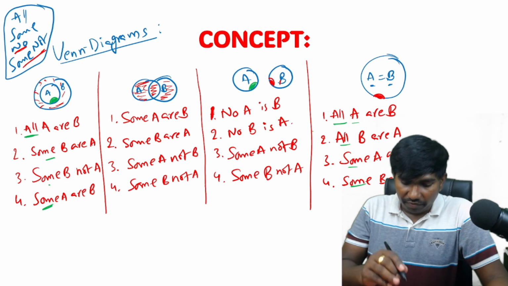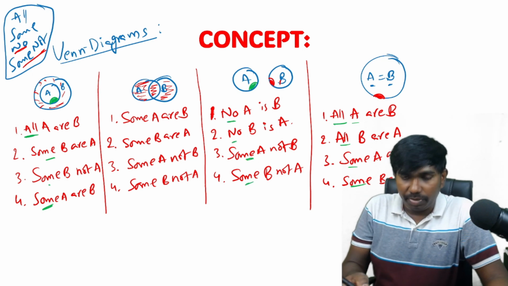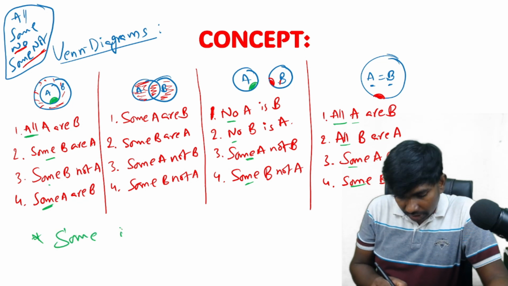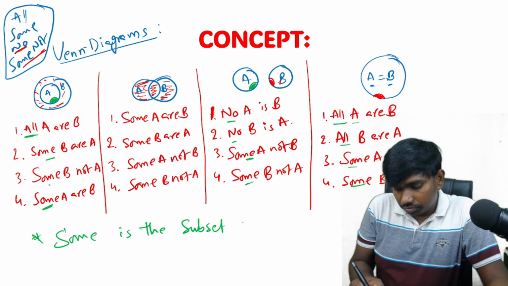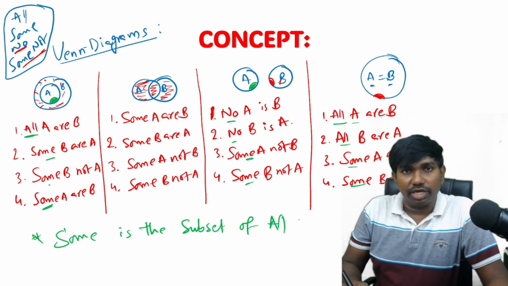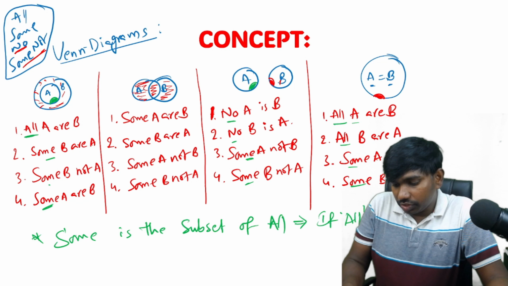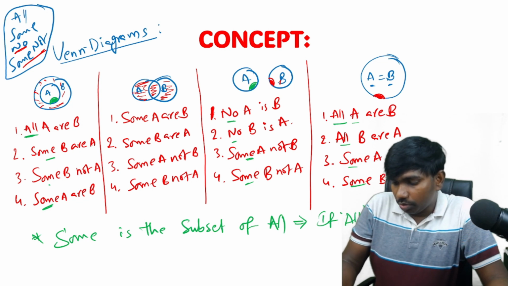Okay, and wherever no is true, some not will be there automatically, because some is the subset of all. That means all is the superset. It means if all is true, then some will be true automatically. No need to check.